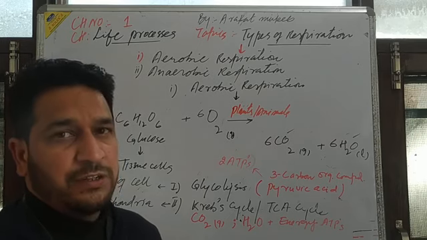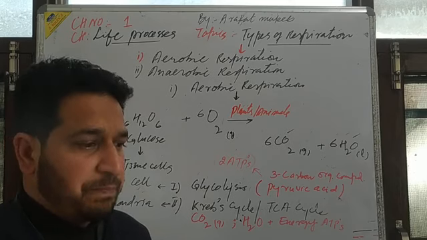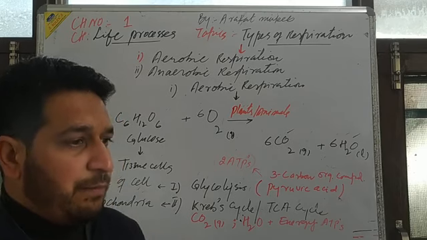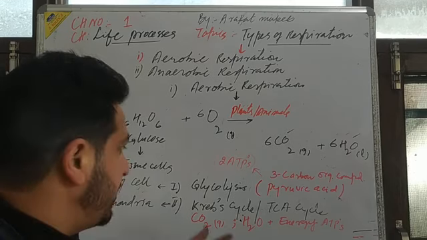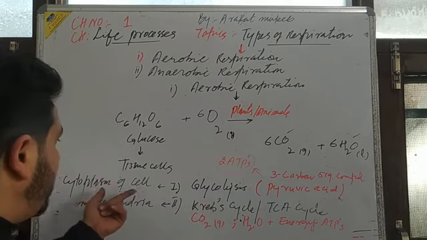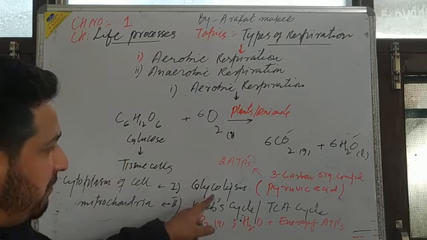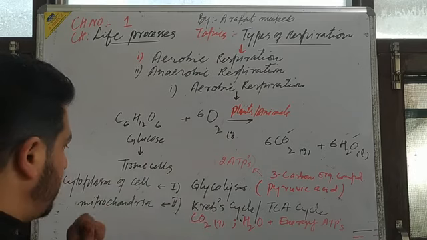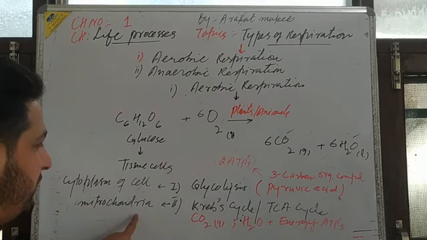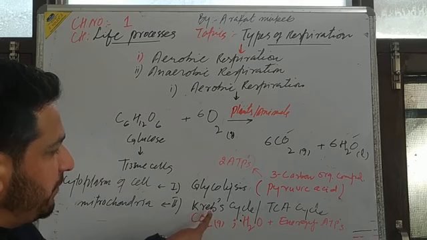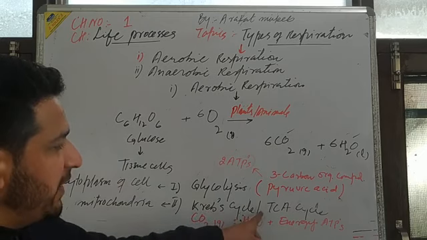After oxidizing, there is a release of energy. And the aerobic type of reaction takes place in the cytoplasm of the cell. The glycolysis takes place. Then in the mitochondria of the cell, there takes place the Krebs cycle, or we can say it is also named the TCA cycle.